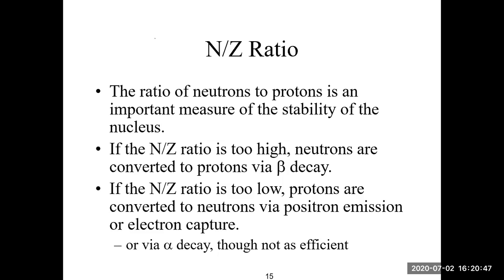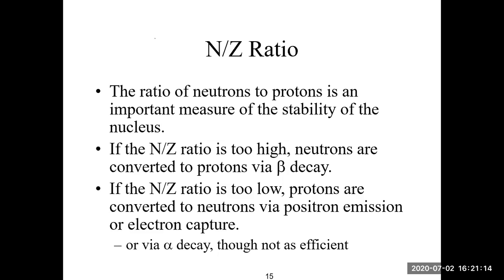So if we measure the N to Z ratio and we determine that it is too high, and we'll see what too high is in just a second, what that will tell us is it is really not stable in that configuration. What's going to happen is some neutrons will be converted into protons, and it will go through a process known as beta decay.